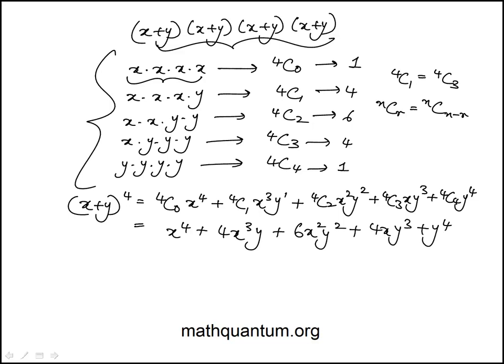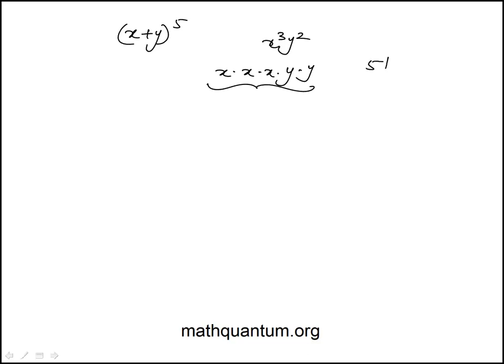Now, our goal is to see how we can generalize this to higher powers. So, for example, if we wanted to go to x plus y to the 5th, we'll have terms like x cubed y squared that requires us to arrange 3 x's and 2 y's. And this is really about arranging 5 letters where 3 are identical and the other 2 are identical.